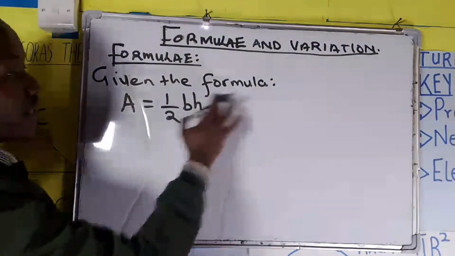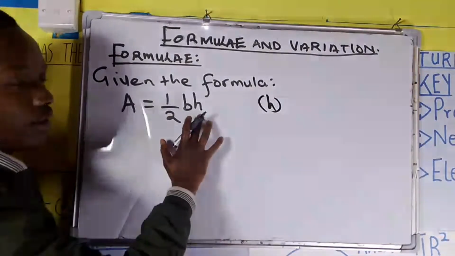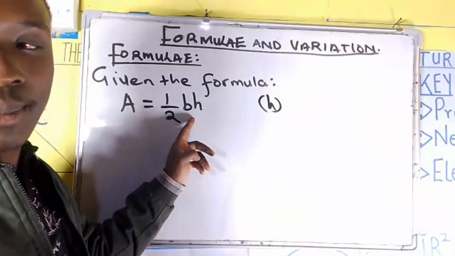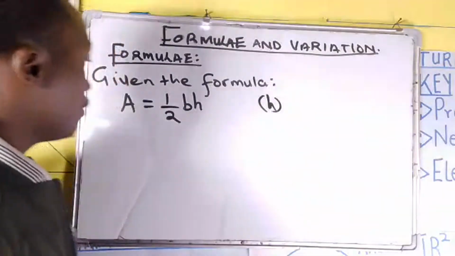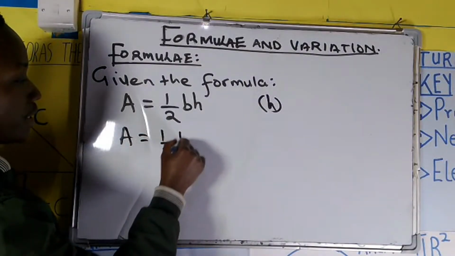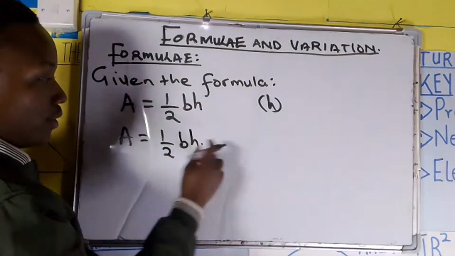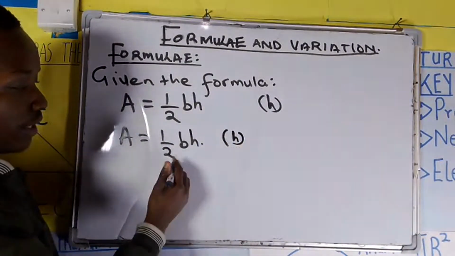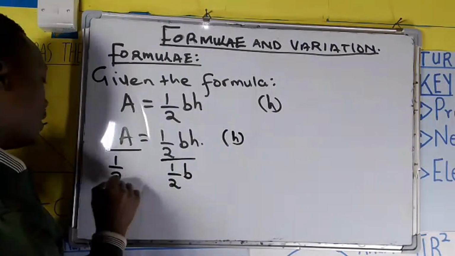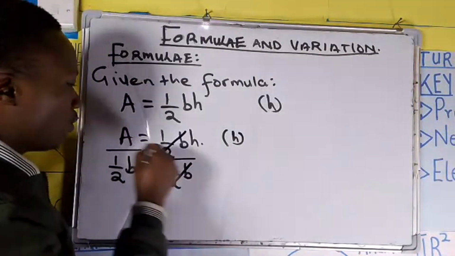But if we have been given this formula and we are told to make H the subject of our formula, it means H should remain alone on one side. Area is equal to a half base times height. For us to be left with height alone, we are going to divide both sides by a half base.